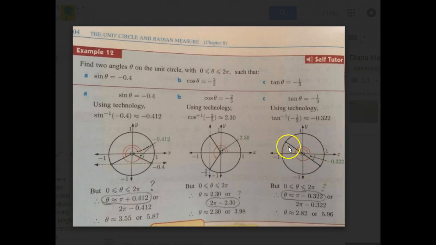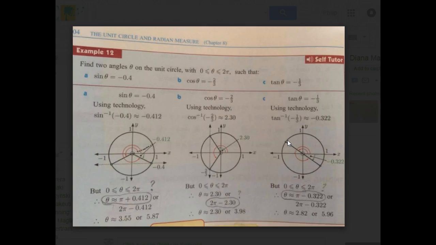In this case, the tangent value is the y-coordinate, which is positive, divided by the x-coordinate, which is negative, so the tangent value is going to be negative, right? And the other quadrant which would have negative tangent values would be this quadrant, because this quadrant has positive x value and negative y value. So these two quadrants, this one and this one, would have negative tangent values.